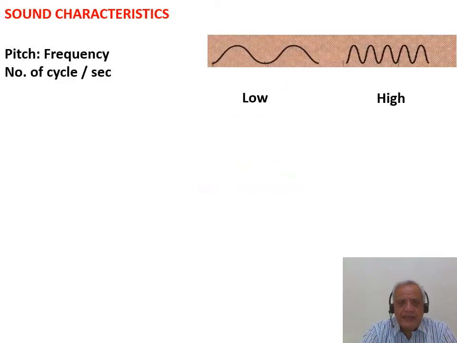Sound has three main characteristics. The first characteristic is the pitch. It's the number of cycles per second, and it can be called the frequency of the sound. The frequency could be low or it could be high, like the cry of a child.